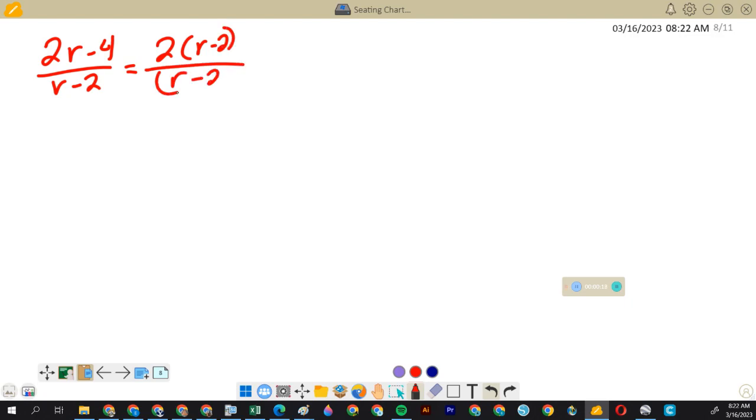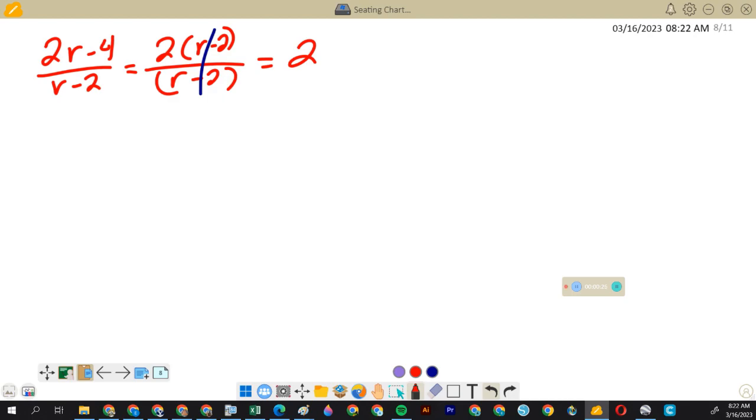Okay, we're going to start with number 7 here, which is 2 times r minus 4 over r minus 2. If we simplify that out, we get 2 times r minus 2 over r minus 2, and that cancels, and I'm just left with 2.